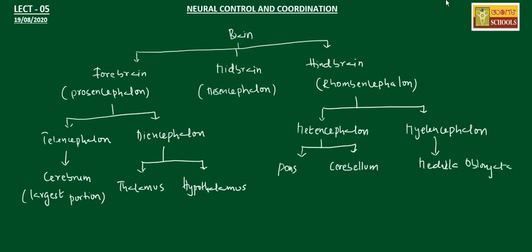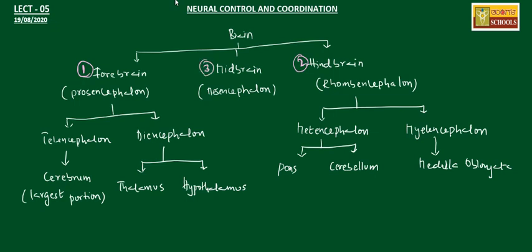So out of these three regions, based on the size, the biggest part is the forebrain. So this is the first in position. Then comes the second one, the hindbrain, and the smallest out of all these three will be the midbrain.